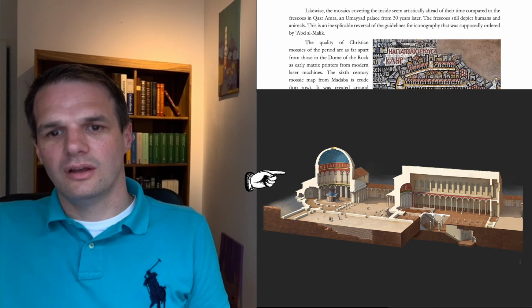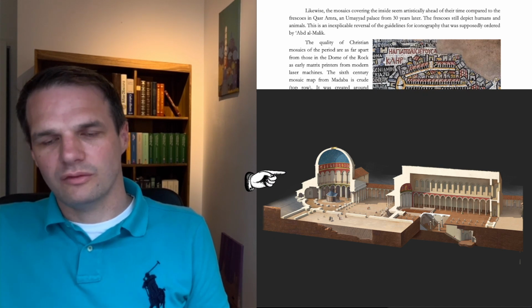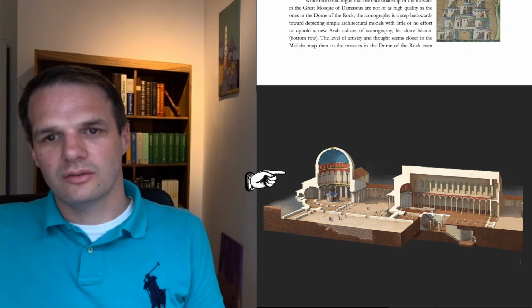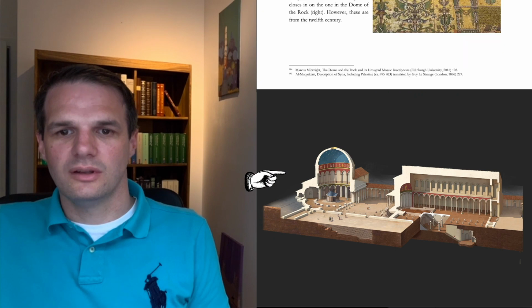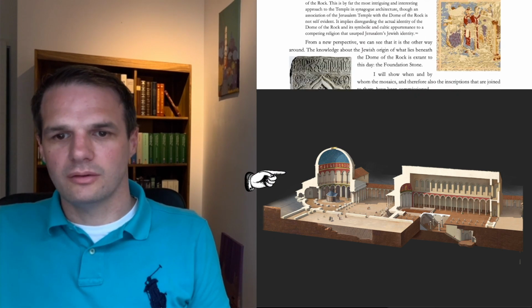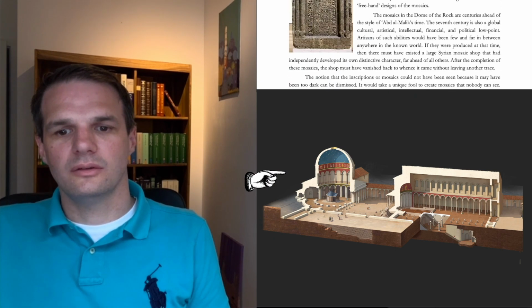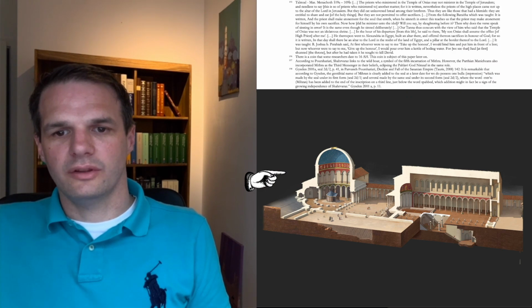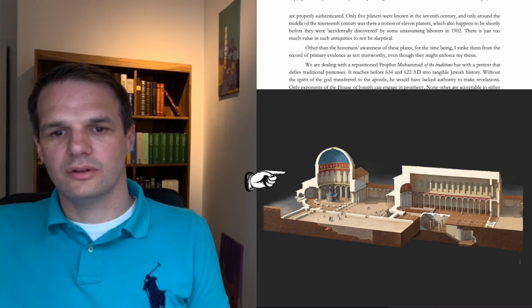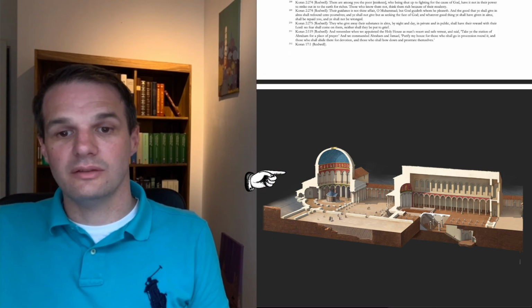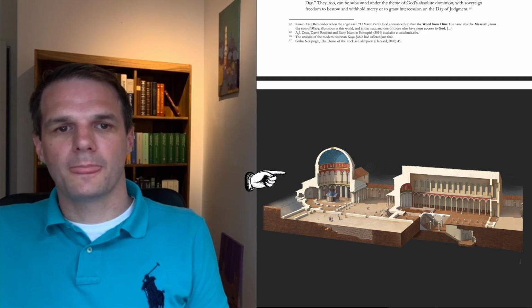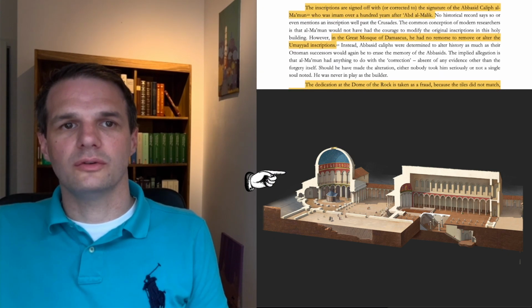I mean, we have mosaics of the highest quality from centuries before the 7th century, and we have terrible mosaics much later than the 7th century. So not a valid argument. And all of this theological background, I can't believe any of it, to be honest. But luckily that's not the point of this video. Okay, now let's move on.